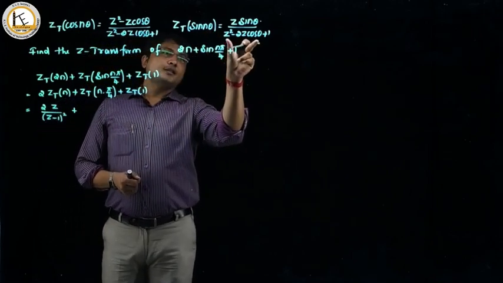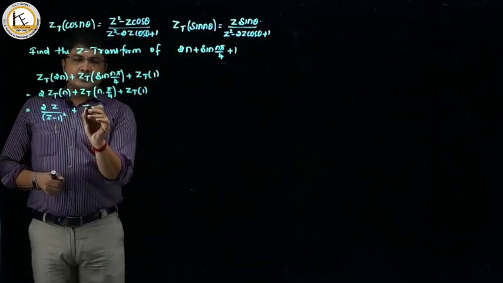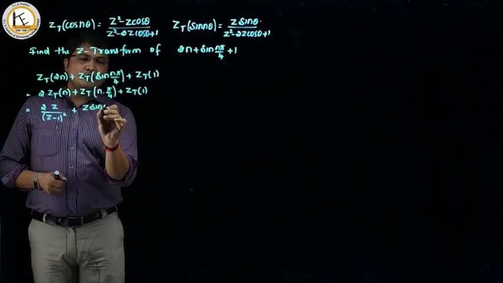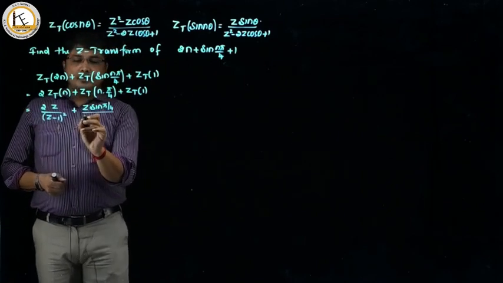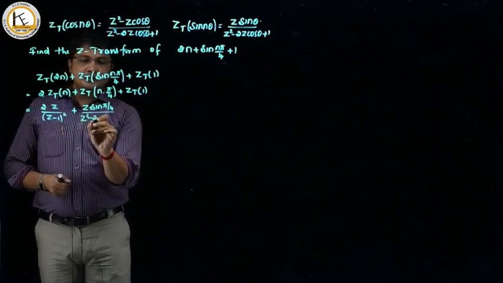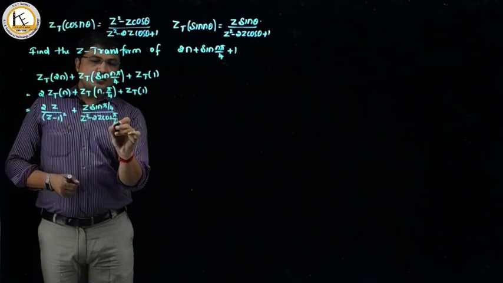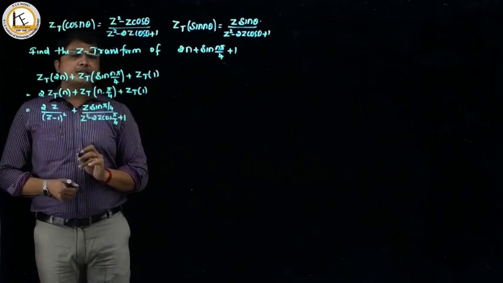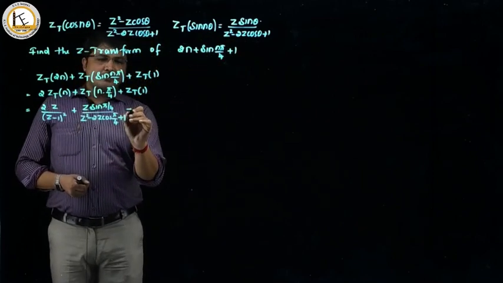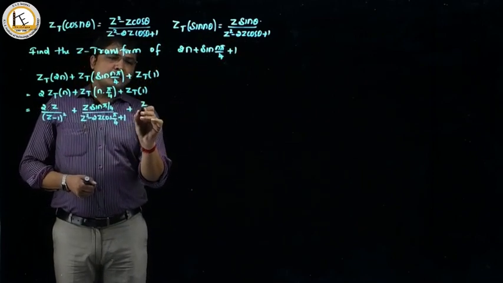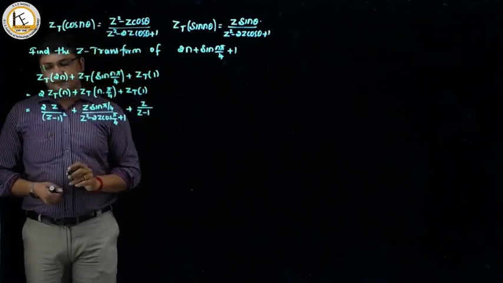Therefore according to the z transform of sine n theta, this expression becomes z into sine of pi by 4 divided by z square minus 2z into cos of pi by 4 plus 1. We are just replacing theta as pi by 4 in this formula. And already we are having the z transform of 1. Z transform of 1 is nothing but z divided by z minus 1.